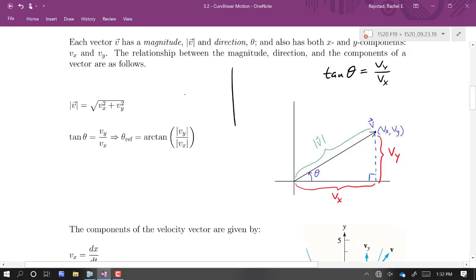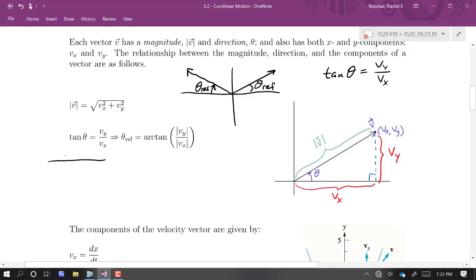So if I do the arctan of Vy over Vx, and notice they're in absolute values, so I'm making everything positive, I'm saying, please give me a first quadrant angle. That's my reference angle. And then if I want this angle, I just realized that that's this measure from the negative x-axis, that's the same as the reference angle.